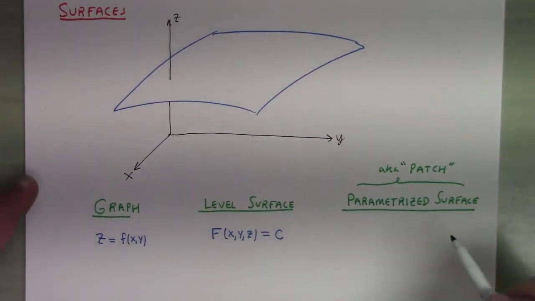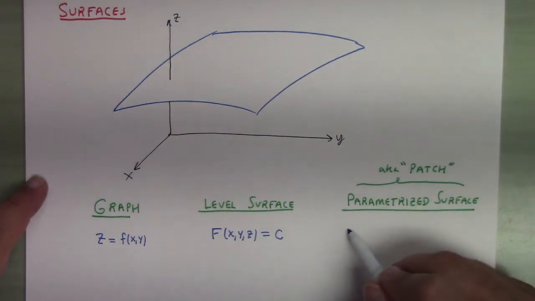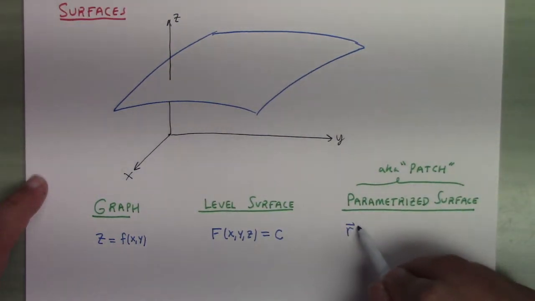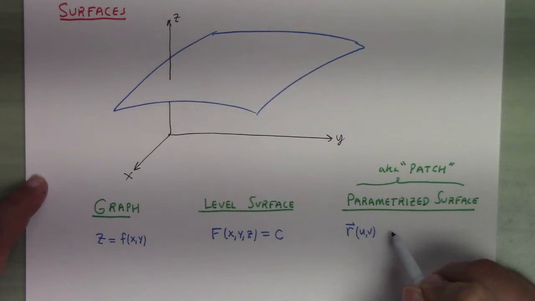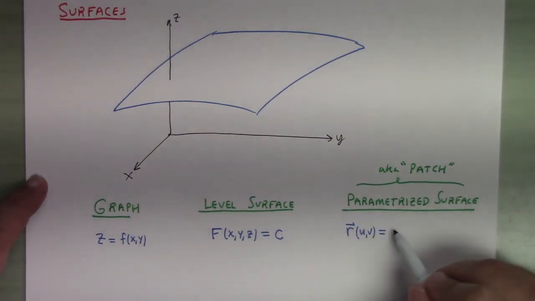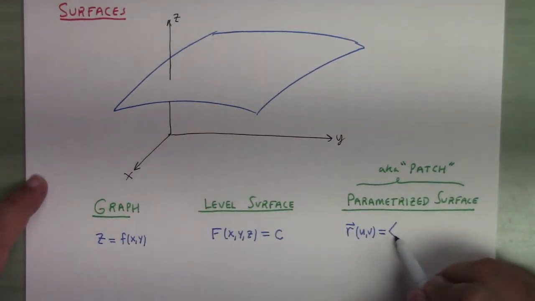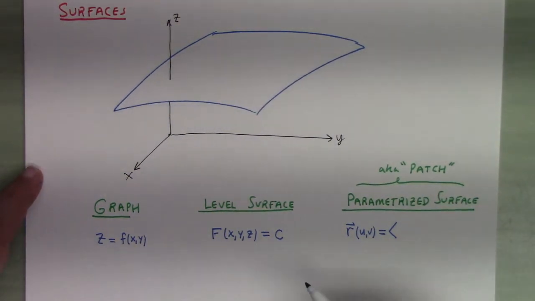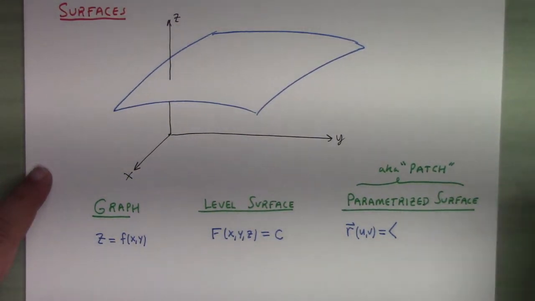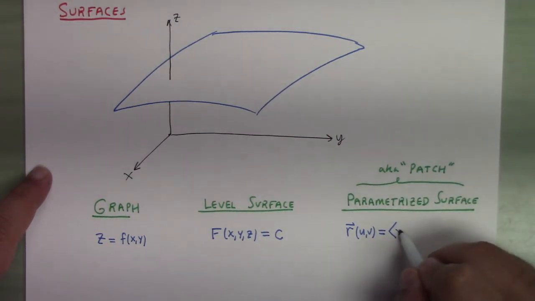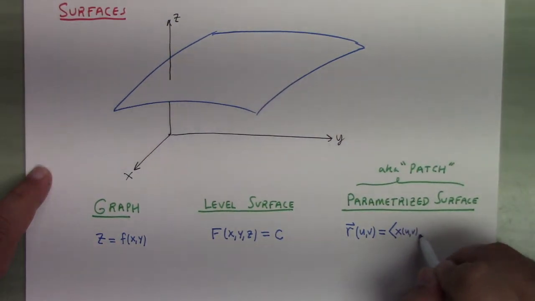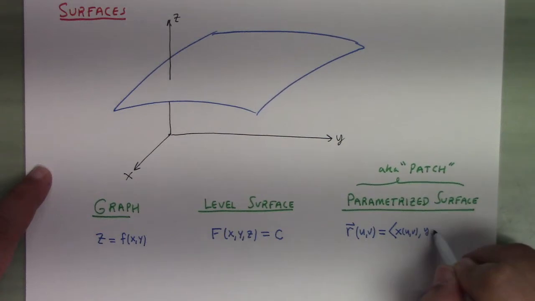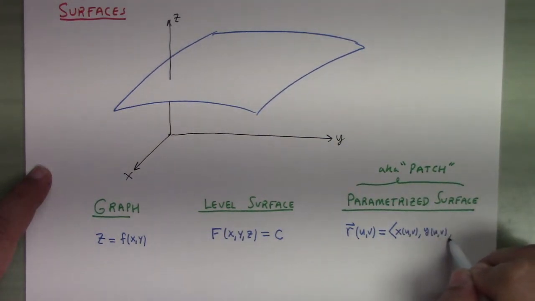And then the parametrized surface is going to give you a pair of parameters. We've already seen these ideas for the plane. We can describe the plane either by its normal equation or by parameterization. Same is true for a general surface. So you need three functions of u and v: x of u, v, y of u, v, z of u, v.